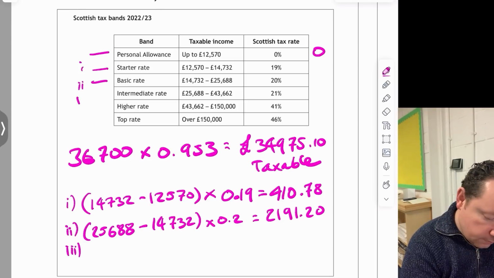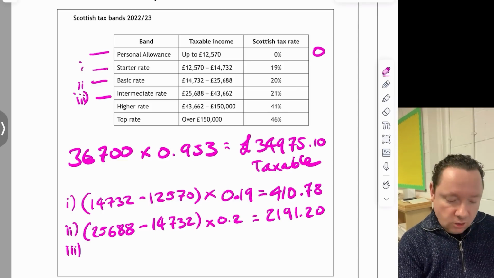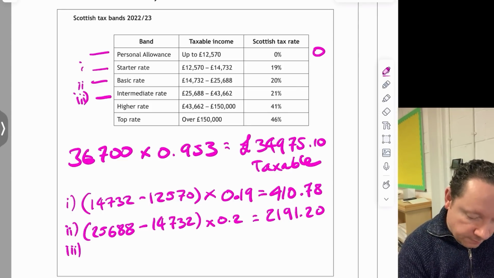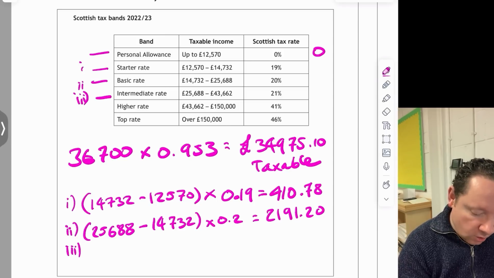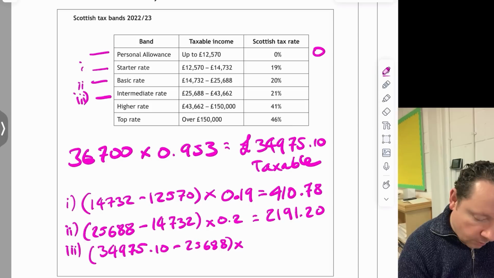That'll be this one. So in this case, I'm in the intermediate band now. 43,662 is above his salary. So I'll do his salary minus the lower limit. So his salary is 34,975.10 minus 25,688 times the percent, which is 0.21 this time.